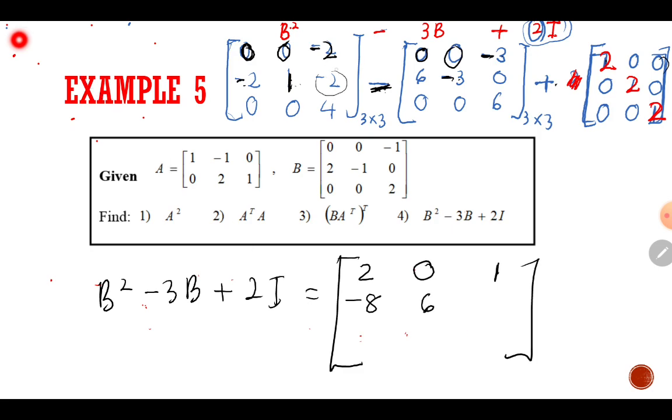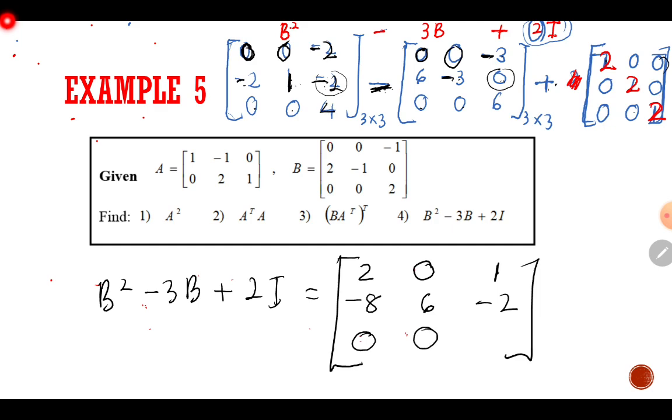And this one, negative 2 minus 0. So we get negative 2. Minus 0 here we get negative 2. Negative 2 minus 0, we get negative 2. And then plus 0 also. So we get negative 2. And then 0 minus 0 plus 0. Nothing, just 0. 0 minus 0 plus 0, also 0.